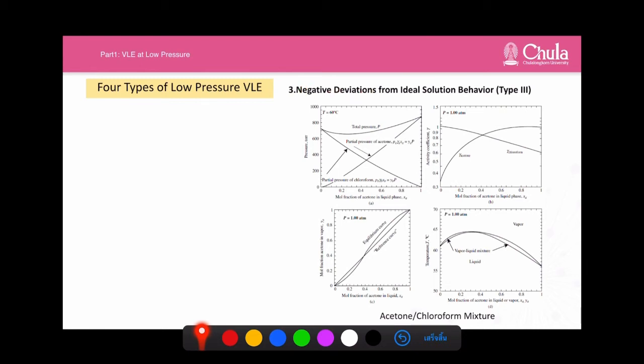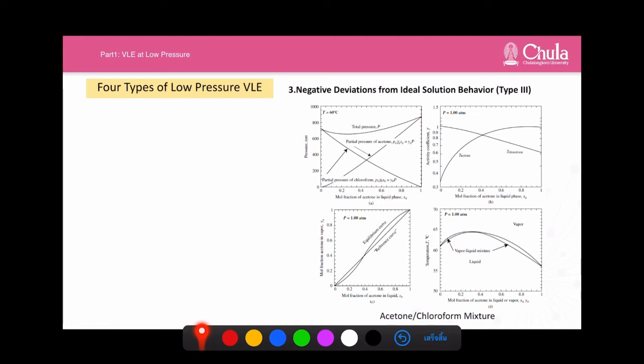Okay? And normally we take the log of the activity coefficient, right? We take the log of this thing. Well, the log value of the activity coefficient becomes negative. That's why we call it negative deviation. So here the activity coefficient is less than 1, right?